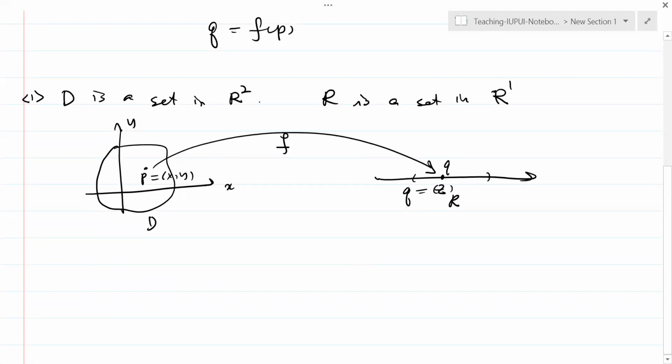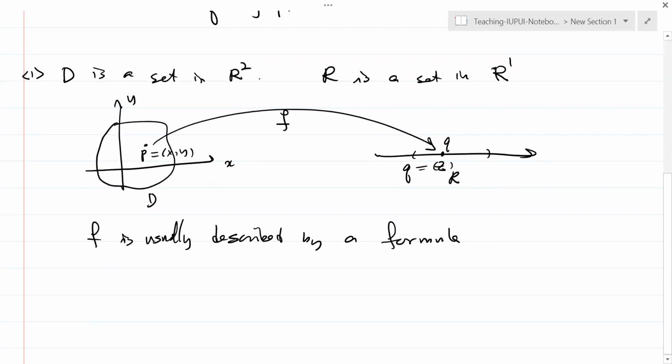So how do you describe this rule? Sometimes there are many ways to describe it. Sometimes you can give me a graph, but F is usually described by a formula, by a mathematical expression.